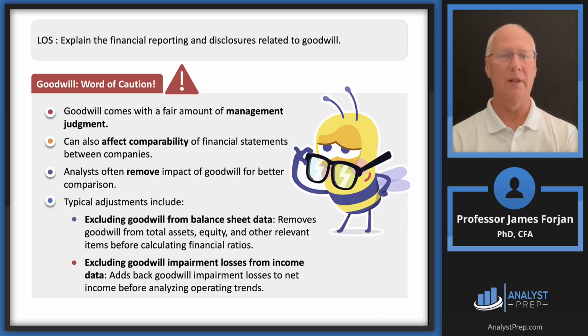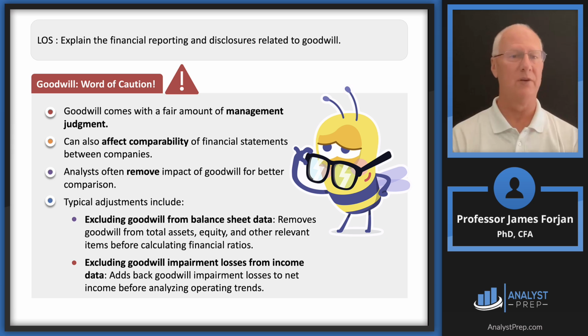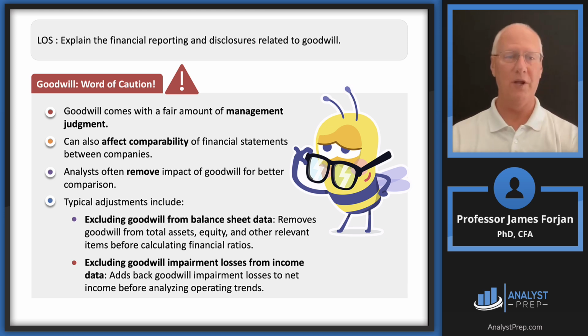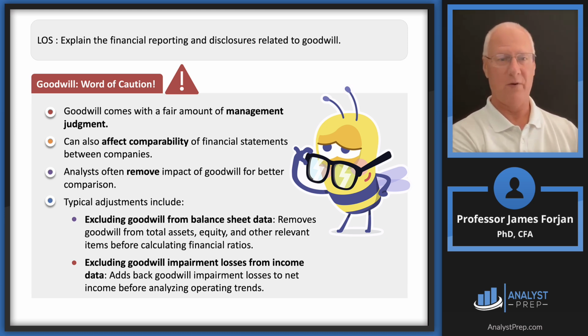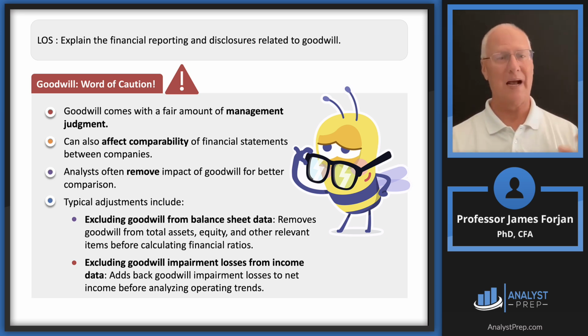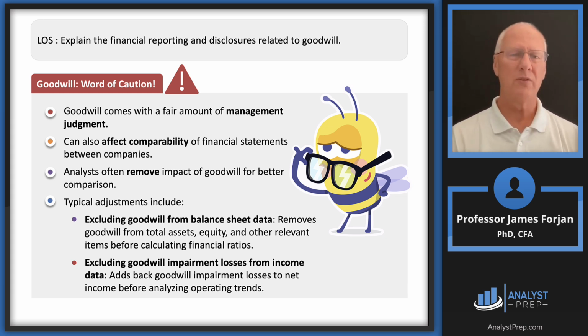Here we go. Word of caution. I was just saying this. Management judgment. So what that management judgment can mean is that we've got judges over here, and then we have judges over here. And if the managers are saying one thing and those people over here are saying another thing, you're trying to evaluate these two mergers or acquisitions. Oh my gosh, it can affect the comparability of those financial statements. So what was this learning module called, right?